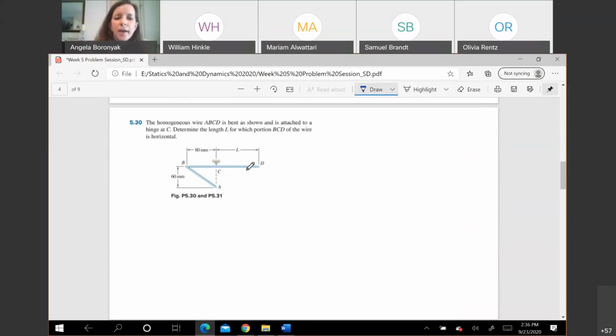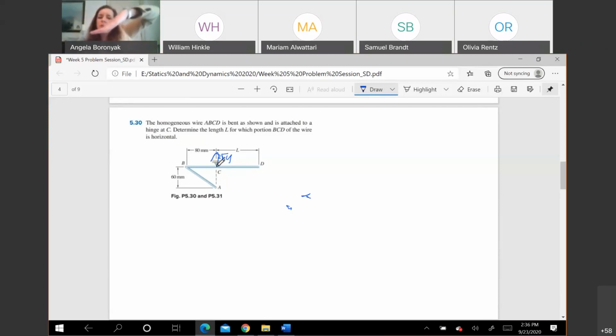So if I think about a hinge, it could support a Y force, right? So it can make a force in its Y direction as a reaction, but X, Y is about that hinge. So I can't have a force on my X change, which really just means my X center point needs to be at C if this is horizontal.